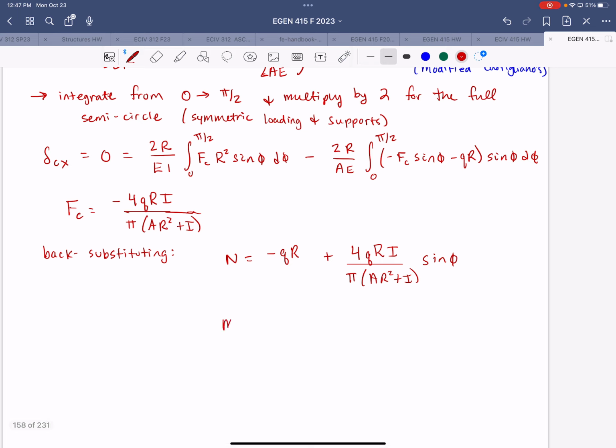And the moment would then be 4 times q R squared I divided by the same denominator, and then that's also multiplied by sine phi.